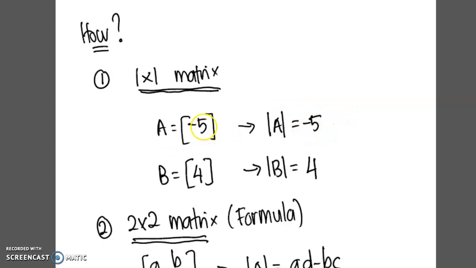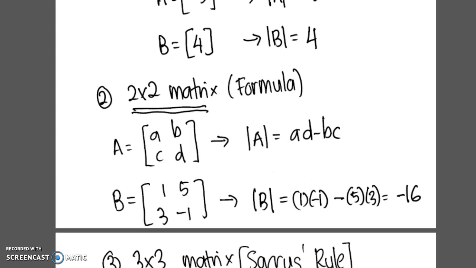It does not become positive, it does not become modulus. The determinant is equal to the element. The next one, B, has element 4, so the determinant is also 4.